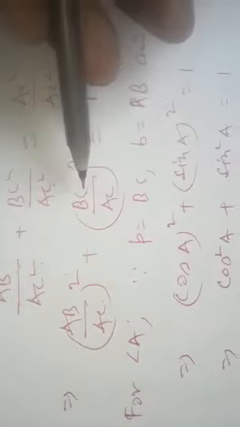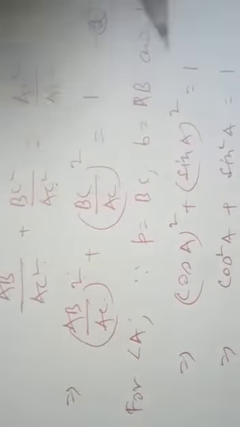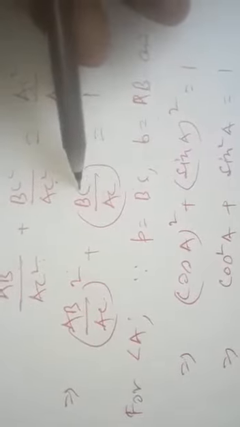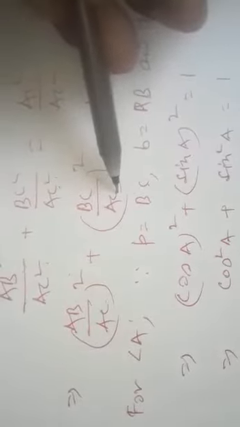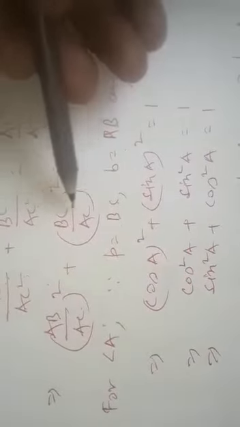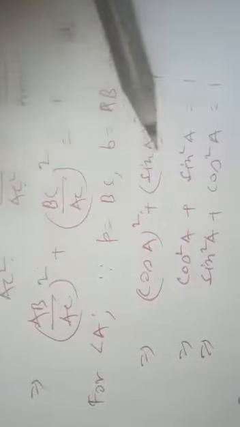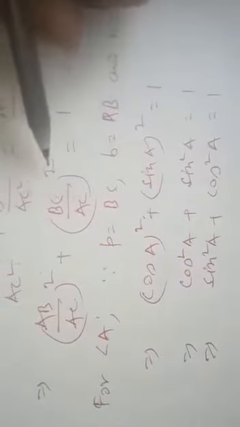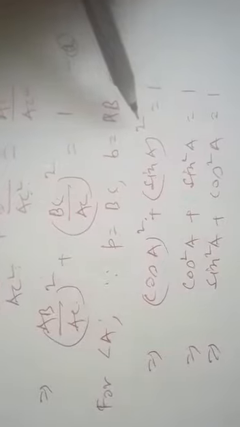Similarly, BC by AC, BC is the perpendicular and H is AC. So the ratio of P by H represents sin A. Now AB by AC to the whole square becomes cos A to the whole square, and BC by AC to the whole square becomes sin A to the whole square, and in RHS we are having 1.